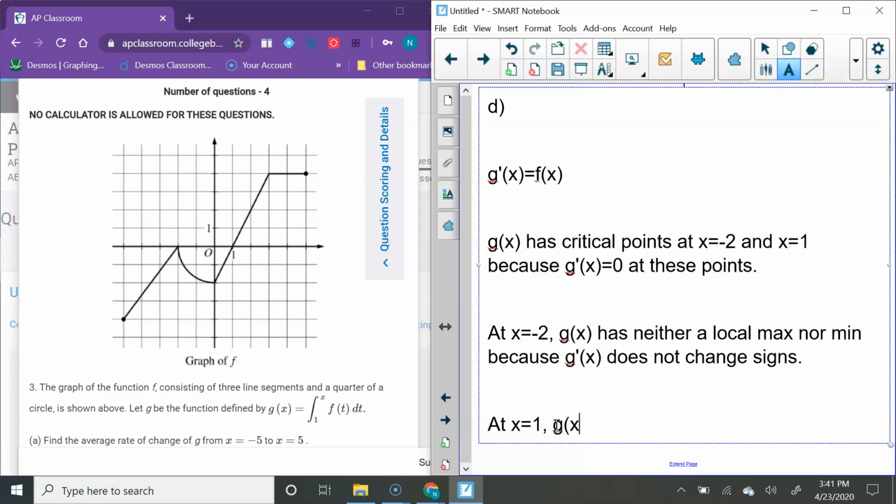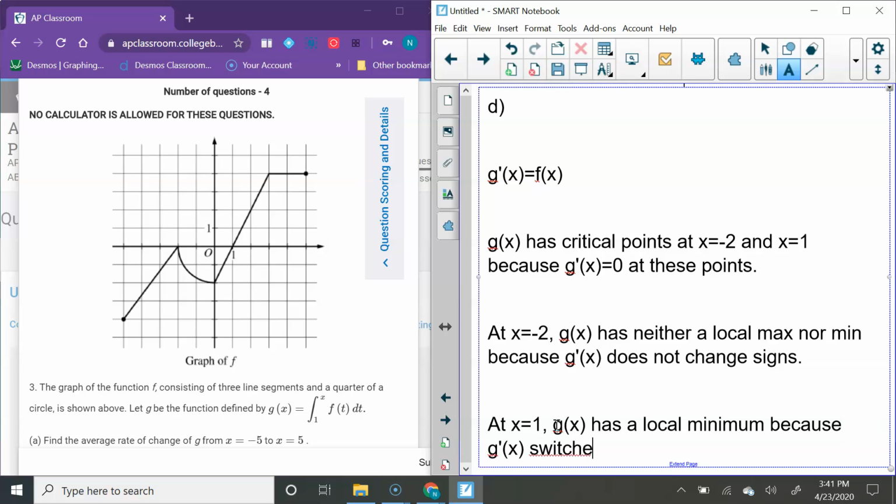So at x equals 1, g of x has a local minimum because g prime of x switches from negative to positive. There. So that would be our answer for part D.